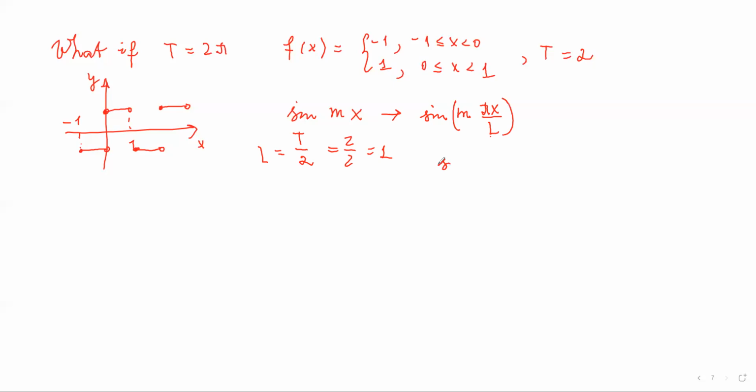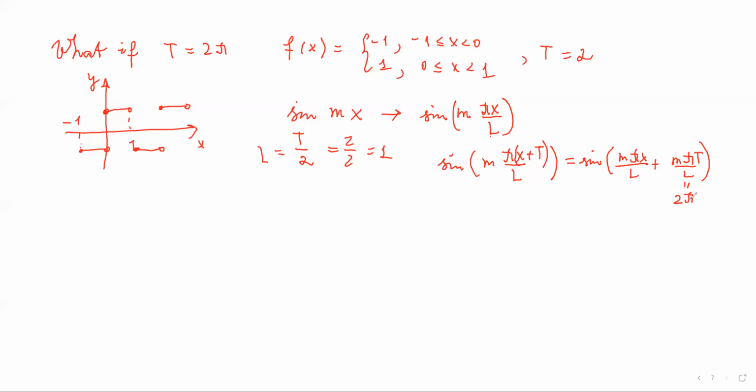So let's calculate: sine of m pi (x plus T) over L is going to be equal to sine of m pi x over L plus m pi T over L, and that's supposed to be 2 pi.